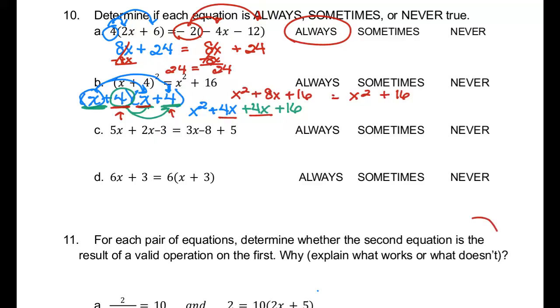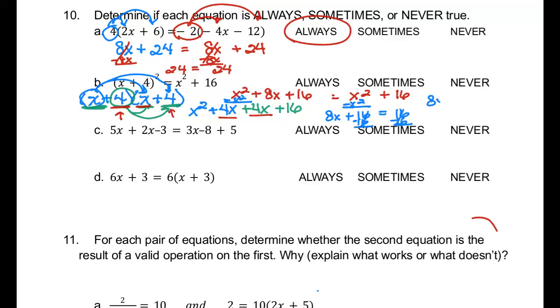X squared, so let's take out an x squared. All right, so I'm left with 8x plus 16 is equal to 16. Now what? Subtract 16. 16's cancel out.